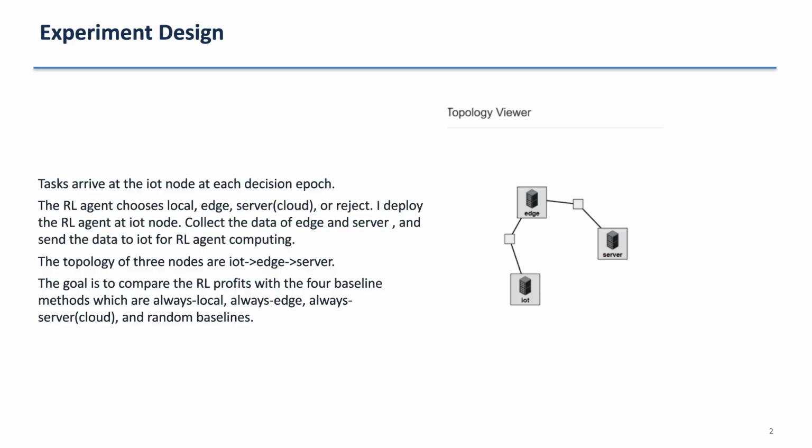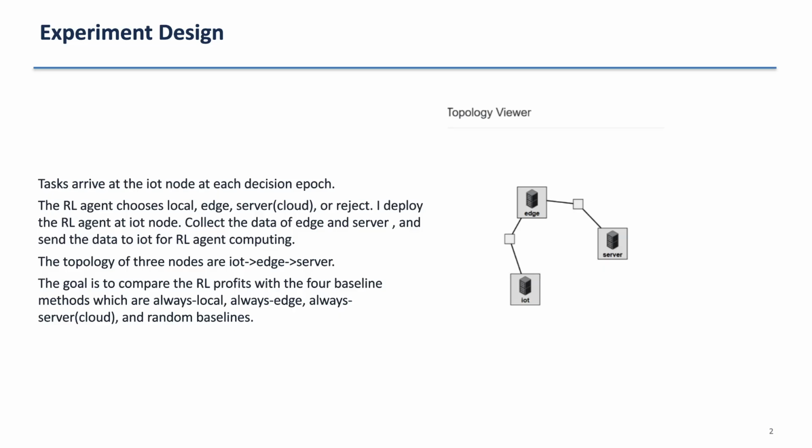Here's the experiment design. There are three nodes: IoT node, edge node, and server node. Tasks arrive at the IoT node at each decision epoch. The RL agent chooses local, edge, server, or reject.